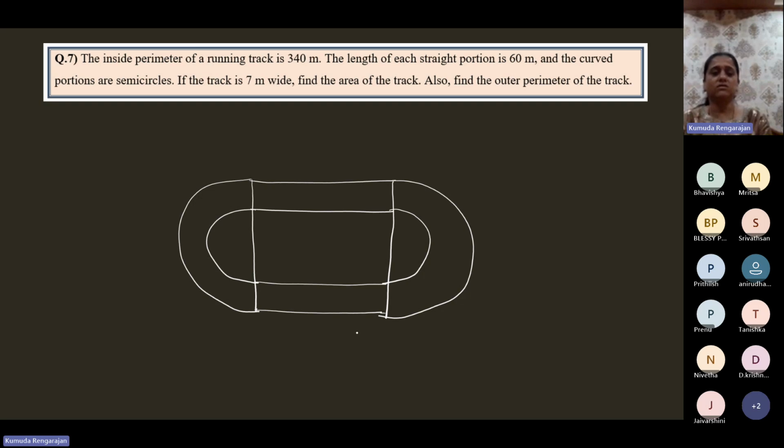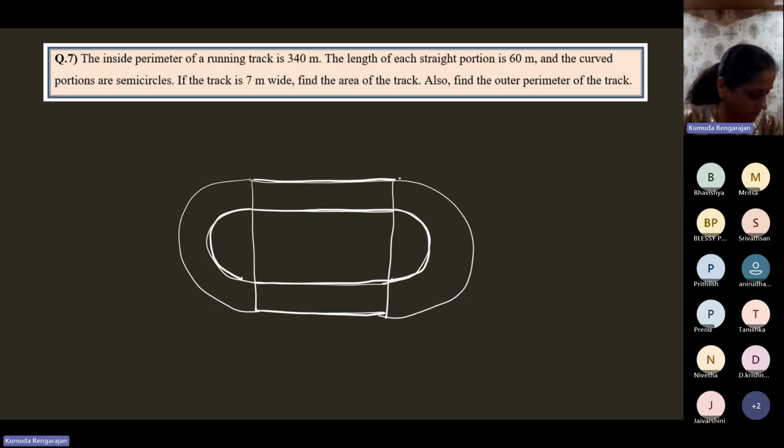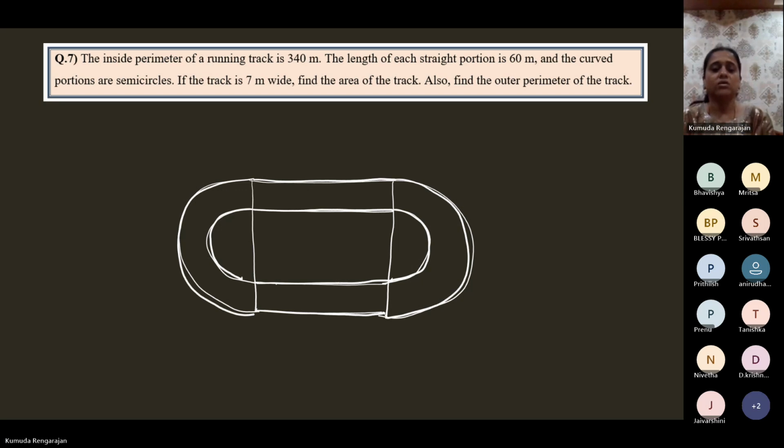So this is the running track. These are the 4 straight line segments. All of them have the same length. Semicircle, semicircle, smaller than these 2 semicircles. Okay, so now which is the inner edge?